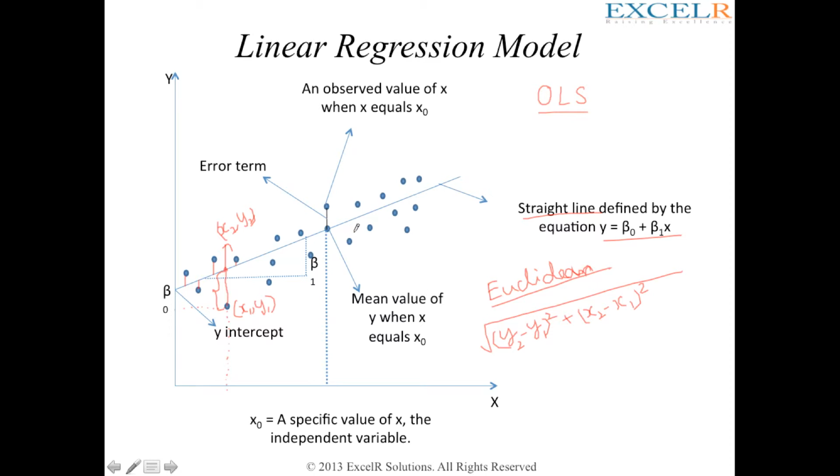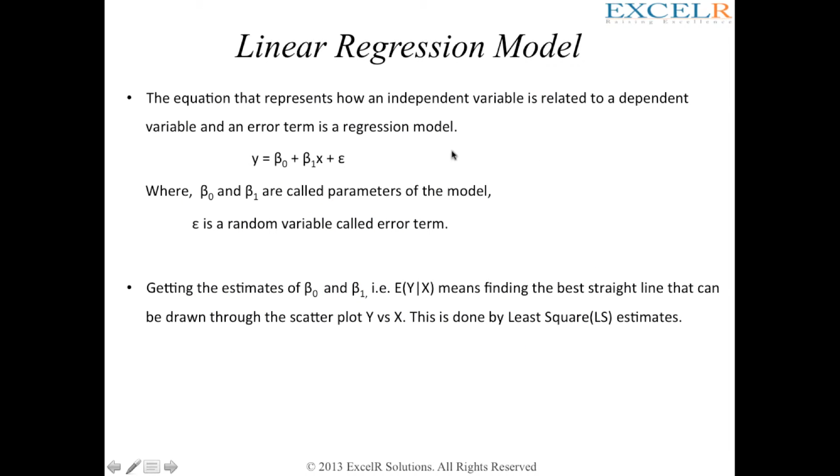Another thing is epsilon in the equation, right? So how is that calculated? Epsilon is the error term, and it is given using this equation, which is predicted value minus actual value. What does this mean?